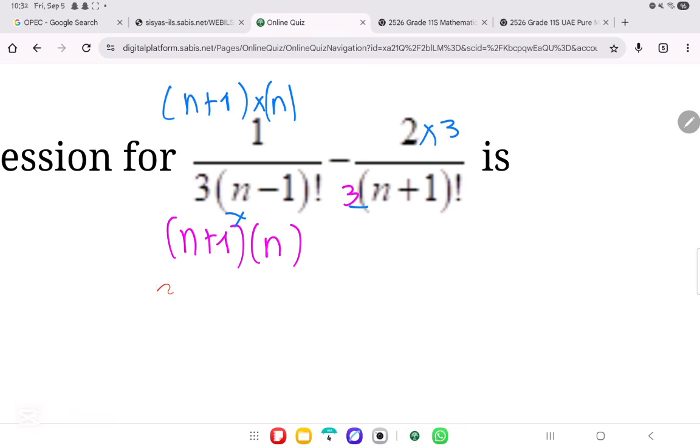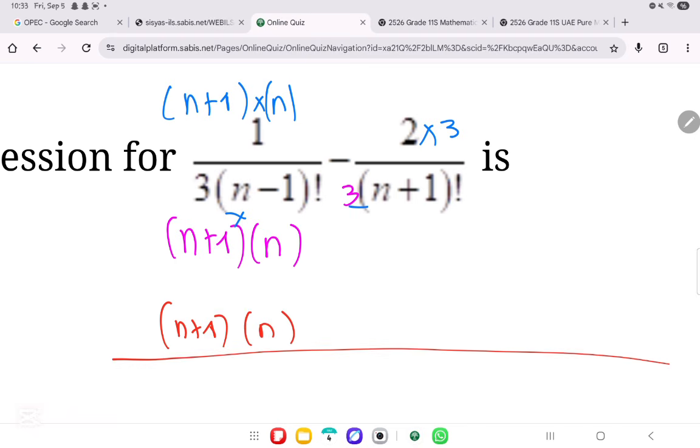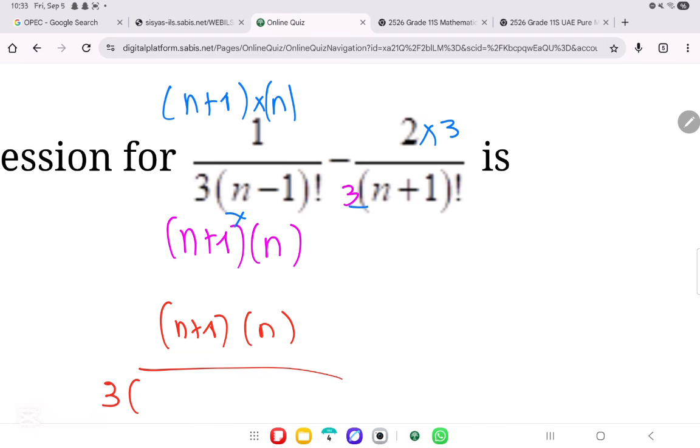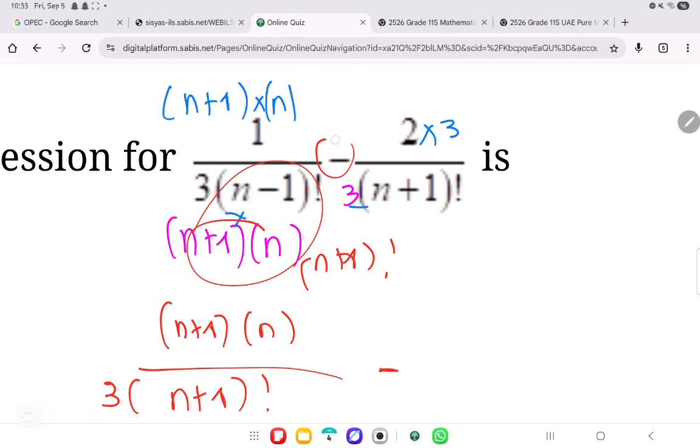It's going to be n plus 1 times n over 3 times n plus 1 factorial, minus, do not forget the minus, 2 times 3, which is 6, over 3 times n plus 1 factorial.